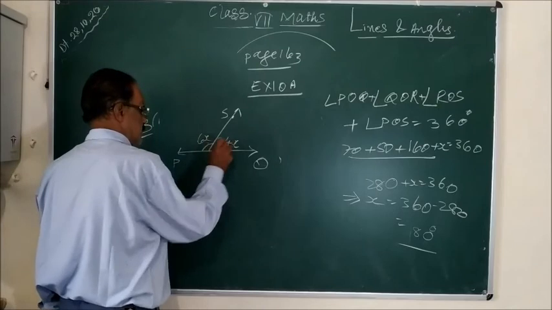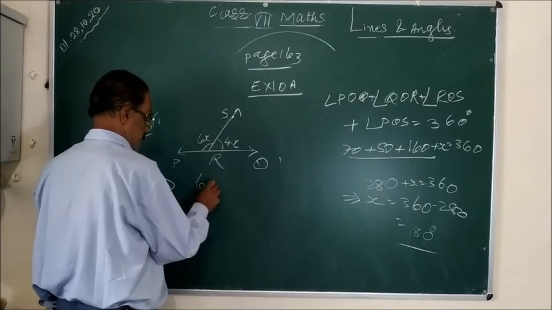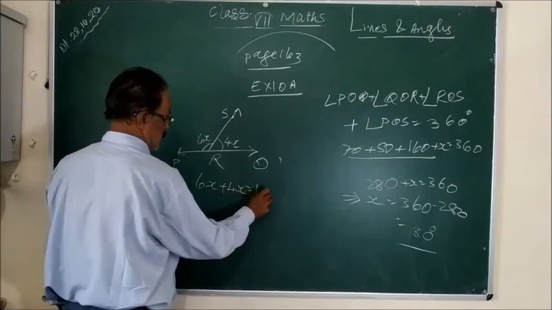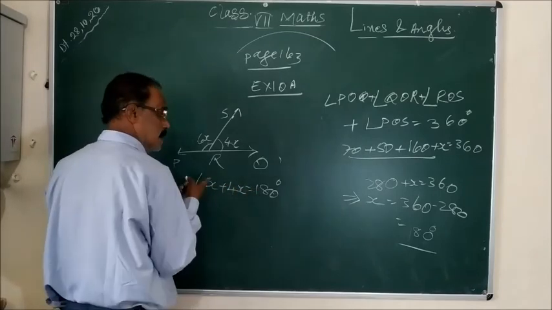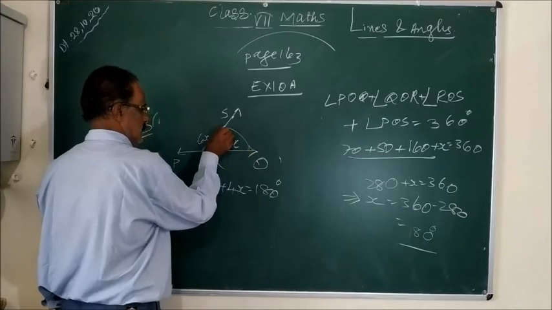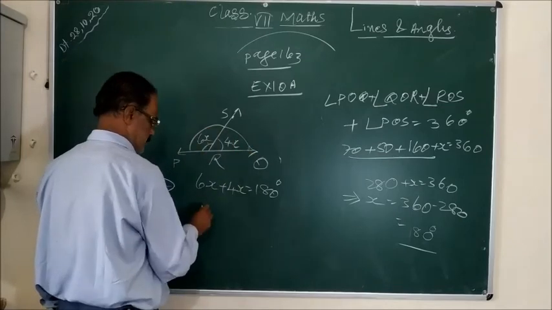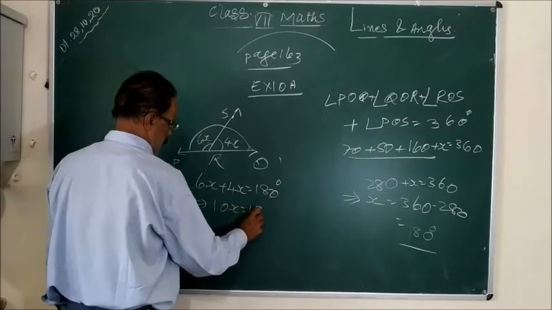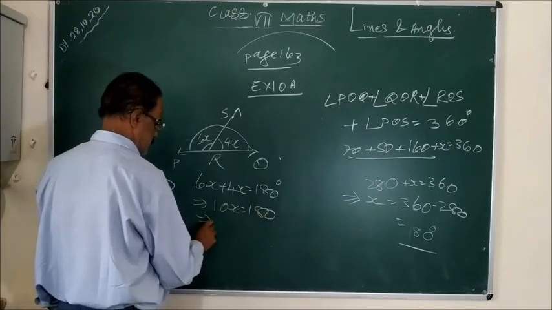And linear pair is equal to 180 degrees. So 6x plus 4x is equal to कितना आ जाएगा 180. Linear pair. This angle plus this angle is equal to 180. Now you use algebra and you will get the value of x.